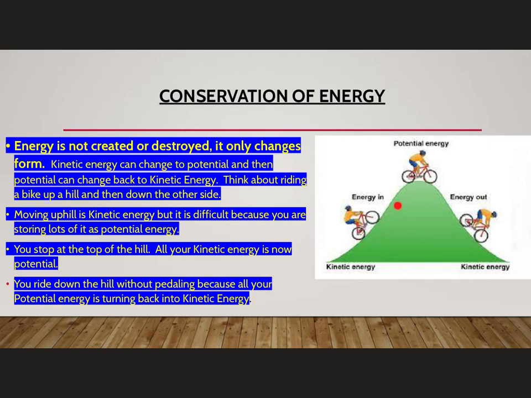They've put all of this kinetic energy in to get up there, and now all of that kinetic energy is just potential energy. So their energy isn't lost. Every bit of kinetic energy they end up putting in ends up in that potential energy. And so then they can just ride the hill down because the potential energy will turn back into kinetic energy as they move down.